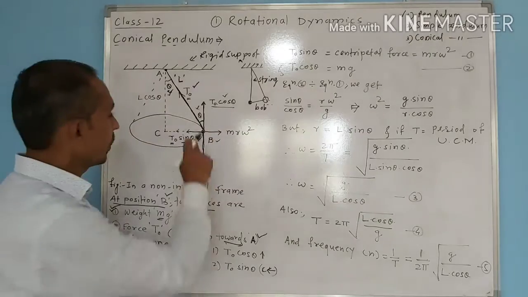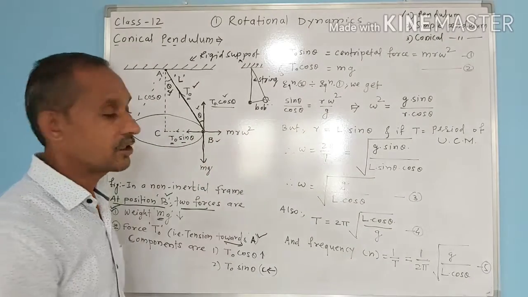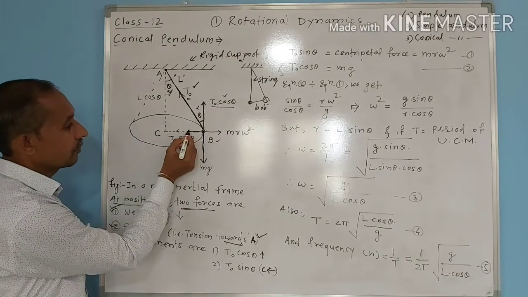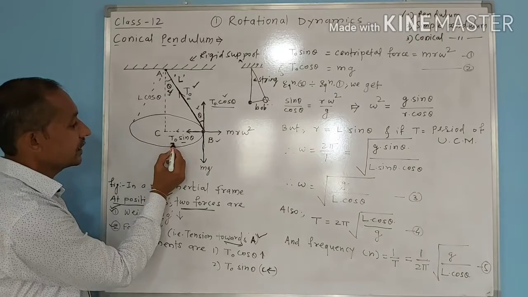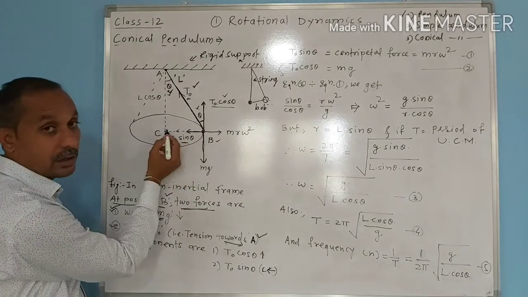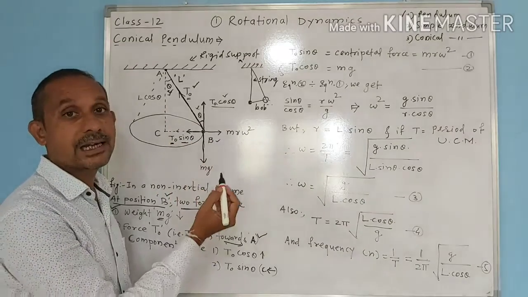And second, along the horizontal direction, there is only one component. That is T0 sin theta. This component, we can consider it as a force.